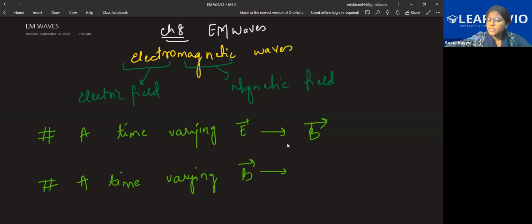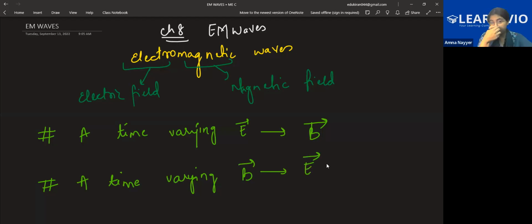These questions, how current and magnetism are related, have already been solved in EMI, Faraday's laws of EMI, and we clearly saw that both of these cases are possible. So yes, definitely it will produce an electric field.